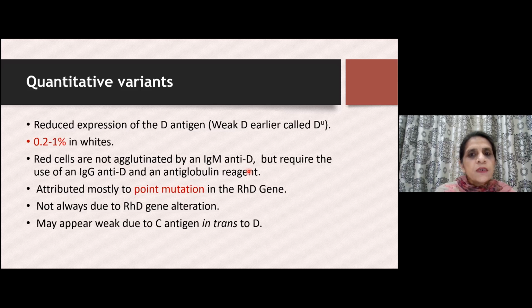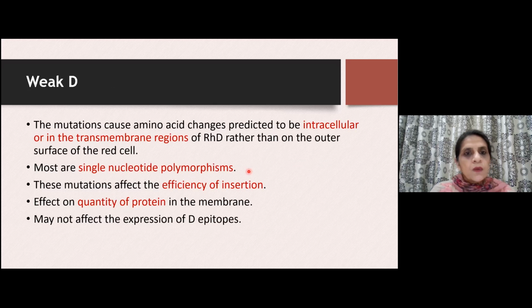These weak D variants are attributed mostly to a point mutation in the RHD gene, and at times they may not be due to gene alteration, as in the case of C in trans to D. In weak D, most of these mutations cause the amino acid changes to be in the transmembrane or intracellular region, not on the outer surface of the red cells.